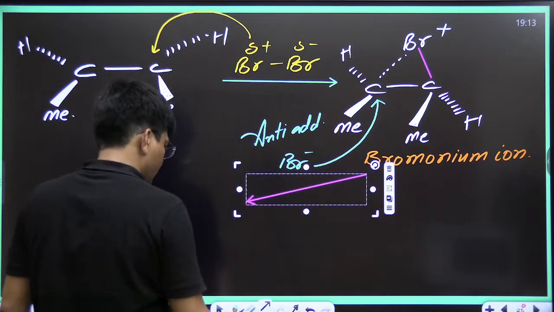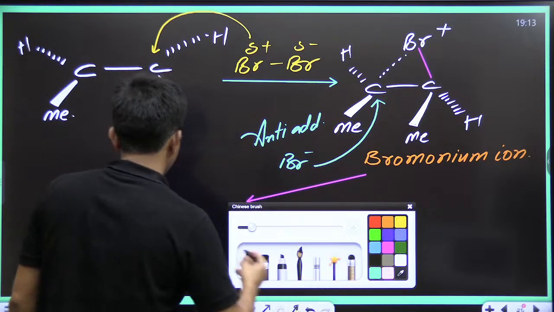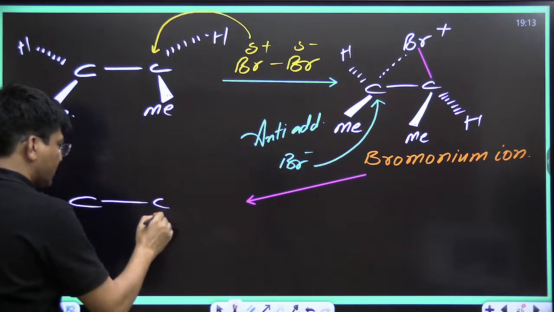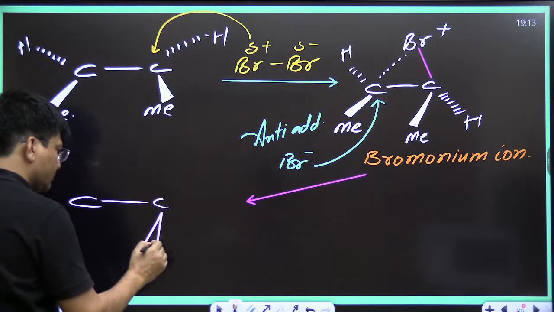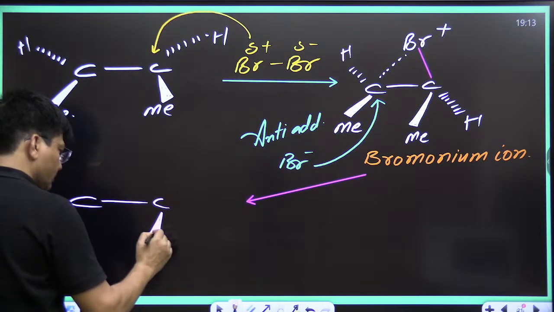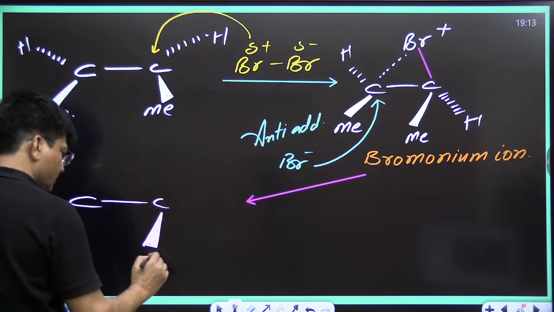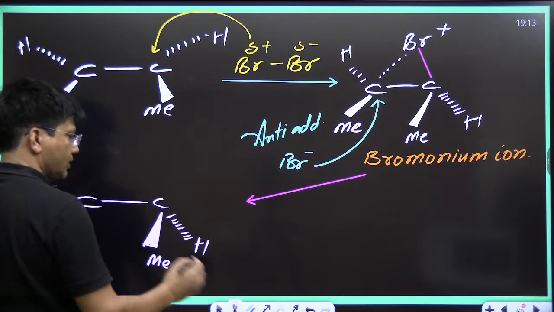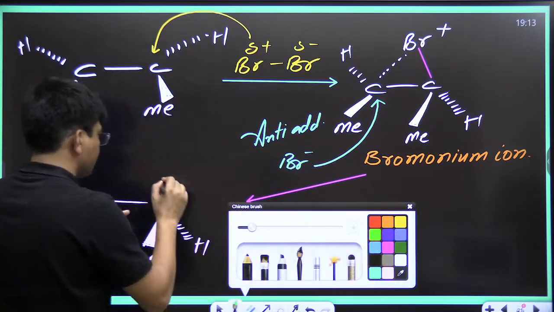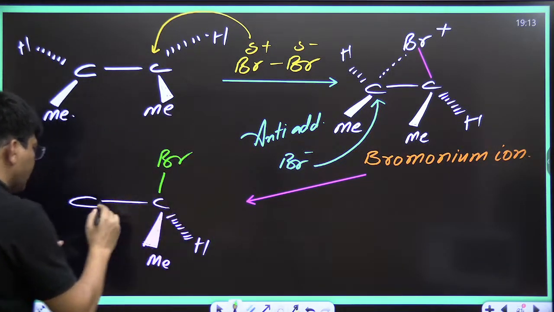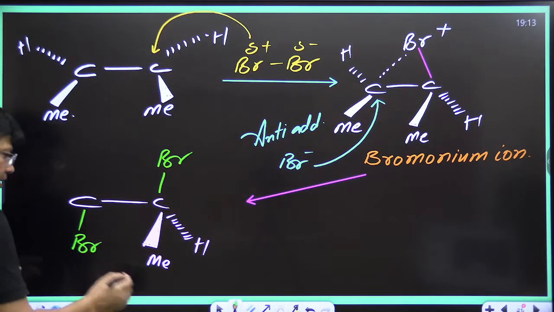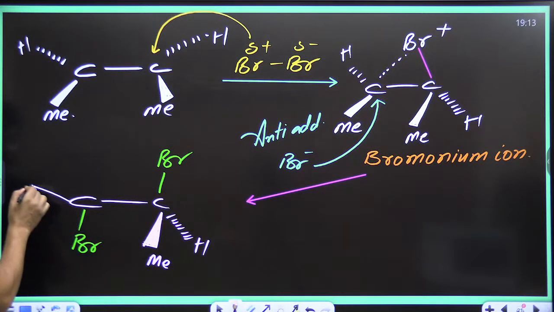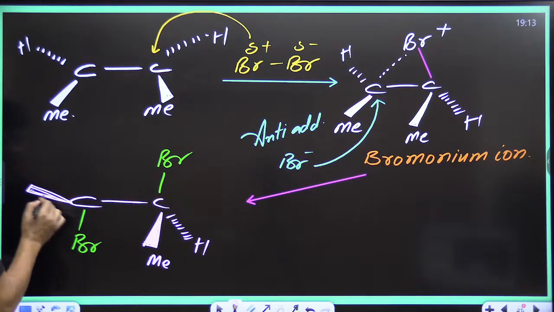Now, see what is going to happen. You will get a compound like this. Just see to it. Carbon, carbon, this methyl at this place, hydrogen over here, this bromine at this place, second bromine over here, anti-addition, this methyl at this place, right kids?